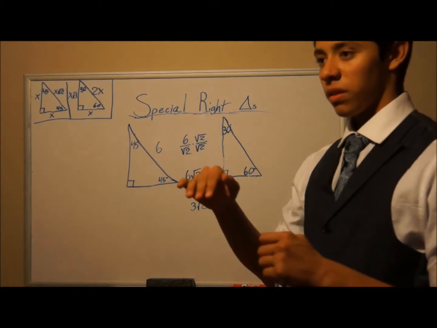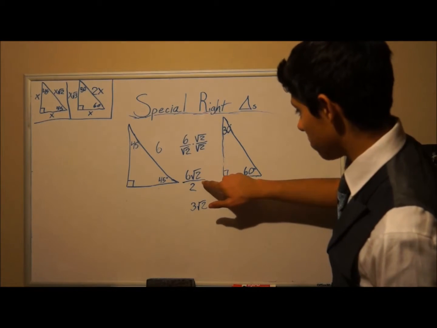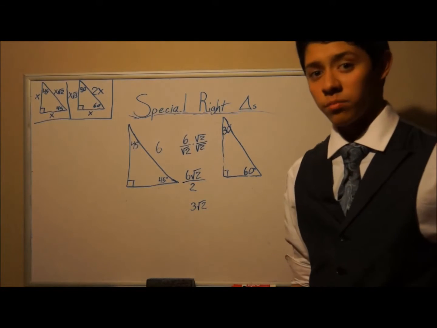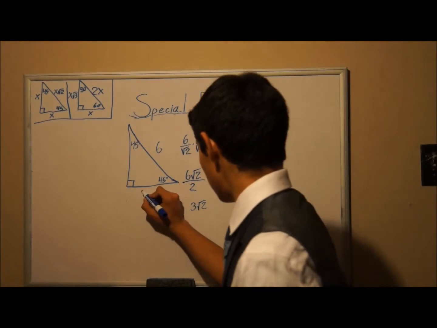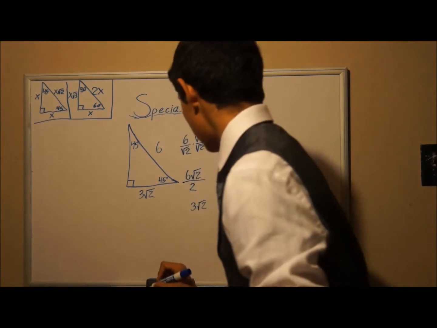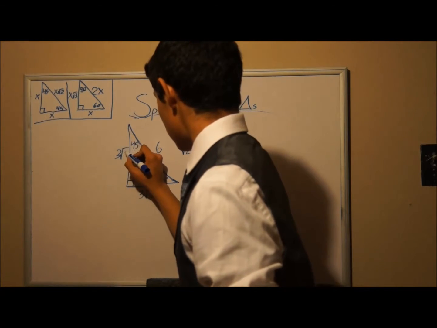You cannot multiply or divide an exponent by a whole number. Okay, so knowing this, we would know that this L1 equals 3 square root 2, and so does L2.